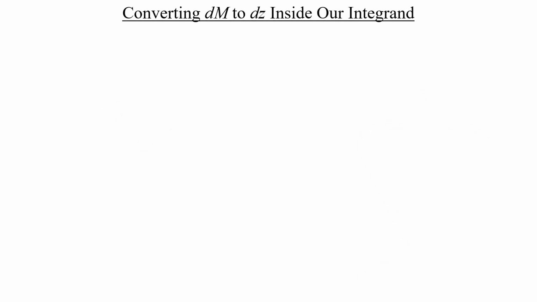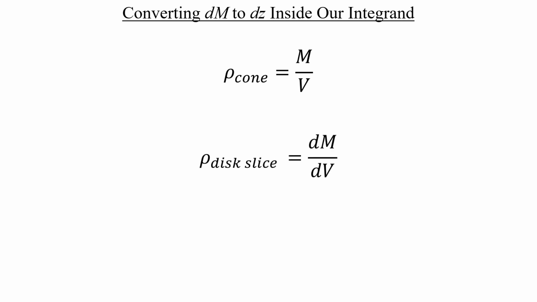We know that the density of our cone is the ratio of its mass to its volume. And the density of a disk slice is defined similarly, except we're using infinitely small amounts in our ratio. But there's something very special about the density of the disk slice.